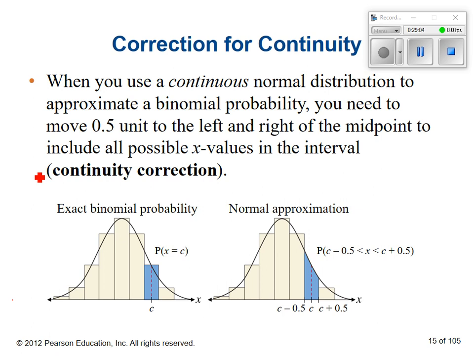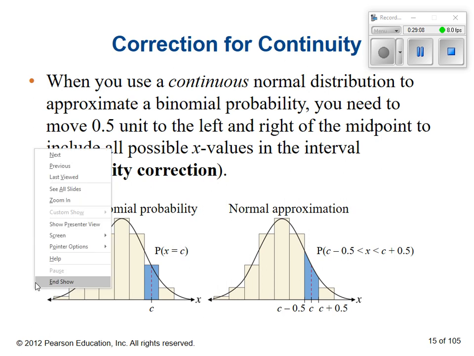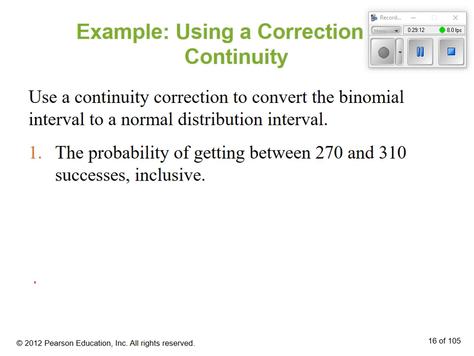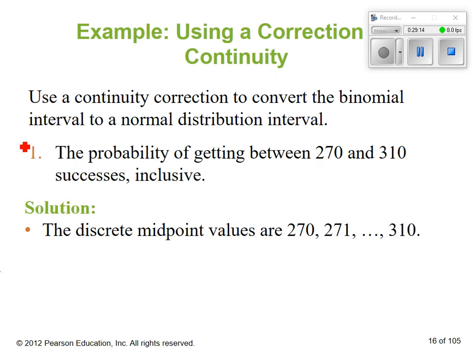So, this says the exact same thing. I'm just going to skip over this. This is just telling you what I just said a second ago. Use continuity correction to convert the binomial interval to a normal distribution interval.